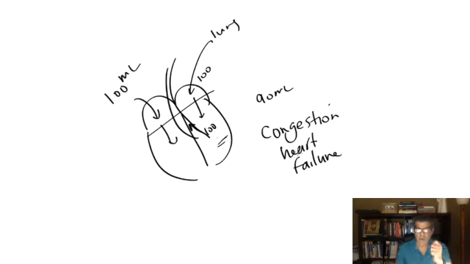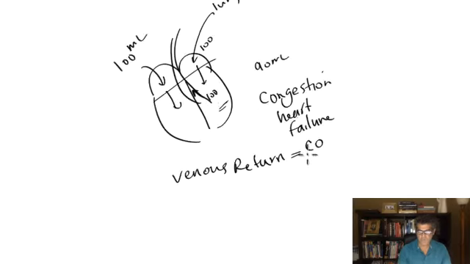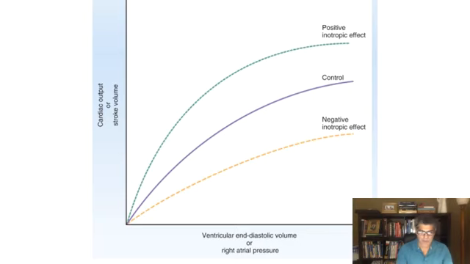In a normal person, the amount of blood that comes in should be equal to the amount of blood that leaves the heart. In other words, venous return should be equal to cardiac output. Remember this diagram? This diagram shows the cardiac output on the vertical line, on the y-axis, and shows end diastolic volume on the right axis.